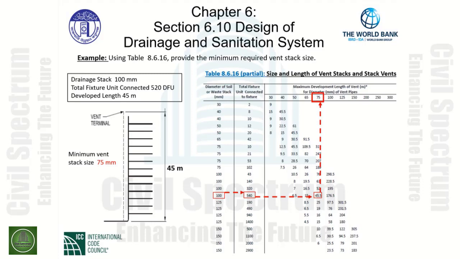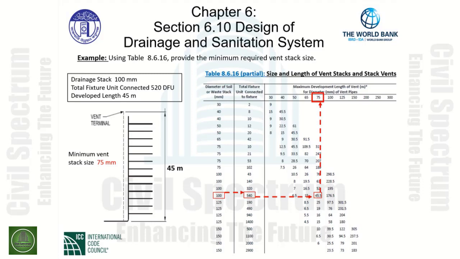So we have a drainage stack of 100 millimeters. We have the total fixture unit connected to the drainage stack of 520 drainage fixture units. And again, we have a total developed length of our vent stack of 45 meters in height.